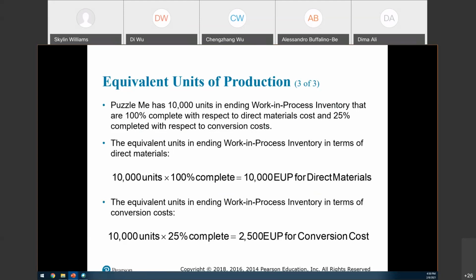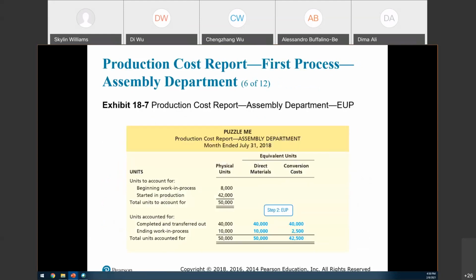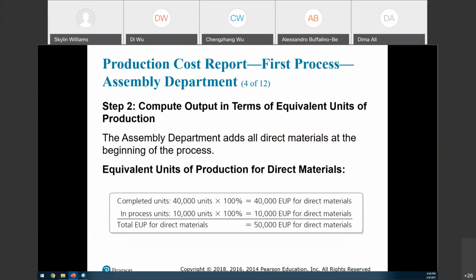While the conversion cost is added evenly during the process. So here, we need to look at the cost in two parts: direct materials plus conversion cost.